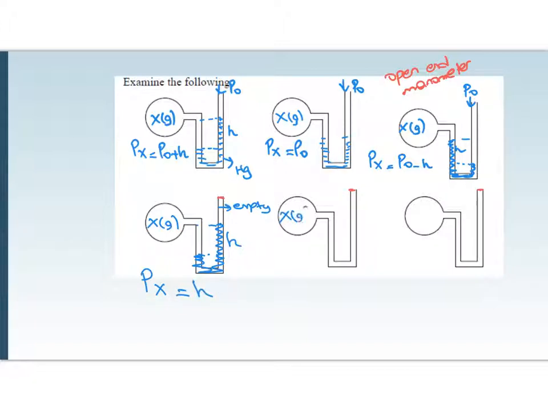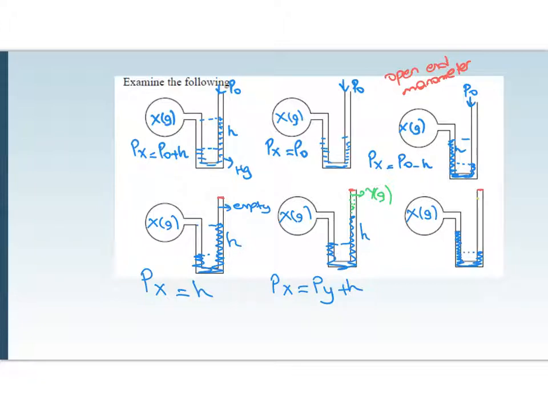Again you have X here. Again you have a height difference of H here. But in this case you have a Y gas here. Now what about this one? Pressure of X is equal to pressure of Y plus H. What about if the vice versa occurs, meaning the level difference is measured on the left hand arm of the manometer?